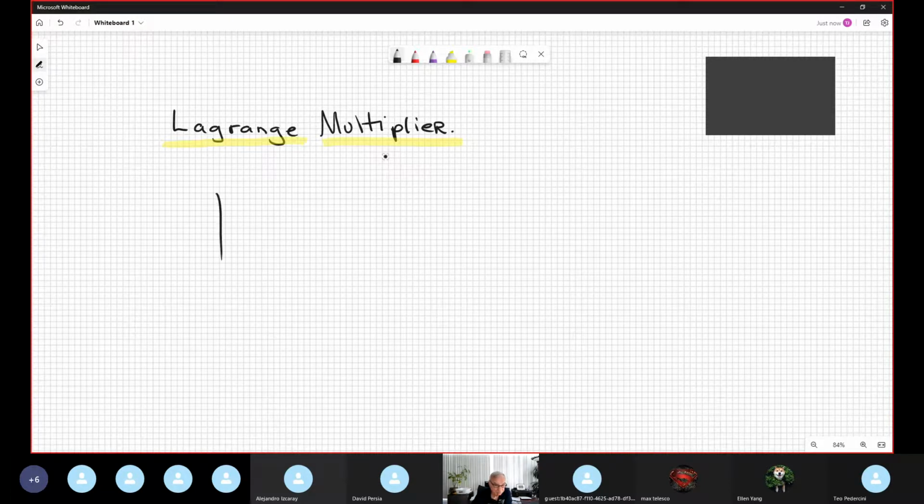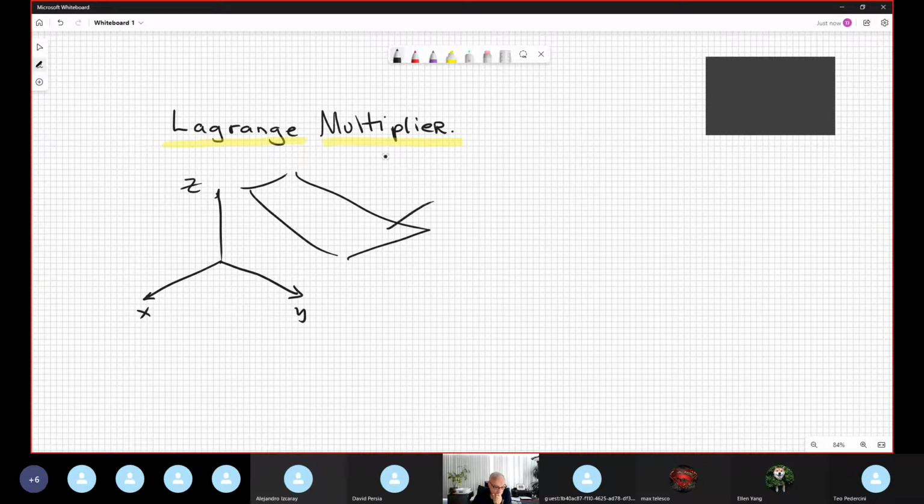Suppose that we have the famous three-dimensional axis. Suppose also that we have one surface, like that. A surface I want to call f of x, y. Of course, this is z. Let me highlight it in yellow color.